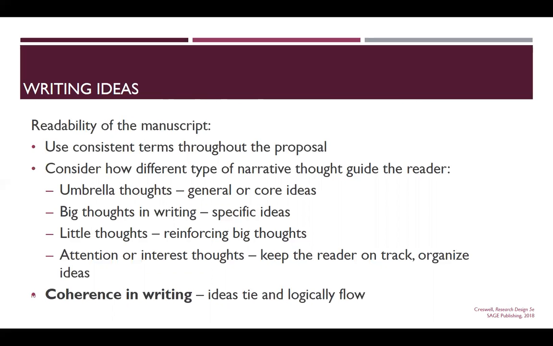I want to make sure that my language is consistent so that throughout the research, my reader is very clear on who my subject is and what I'm studying. So I often say that research does not reward creativity. You really need to be very consistent, mundane, and repetitive with your language. So if you say you're studying adolescents, it should be adolescents throughout. Don't change it to youth, don't change it to teen, don't change it to young adult. Those are different categories of a population, and they're not exactly the same.